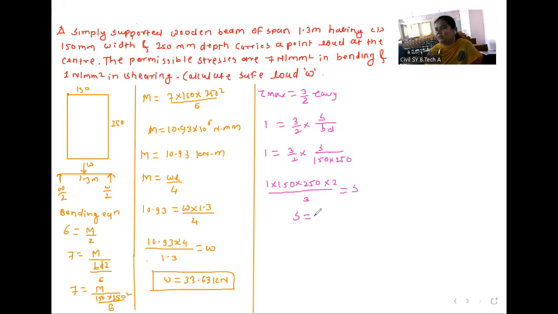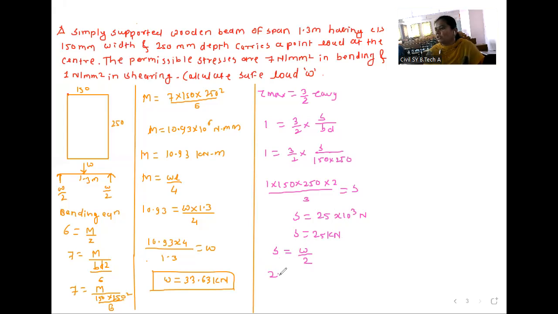So S is equal to 25 into 10 raised to 3 Newton, and in kilonewton, 25 kilonewton. This is the shear force. But whenever you have to calculate W, the shear force is W by 2.